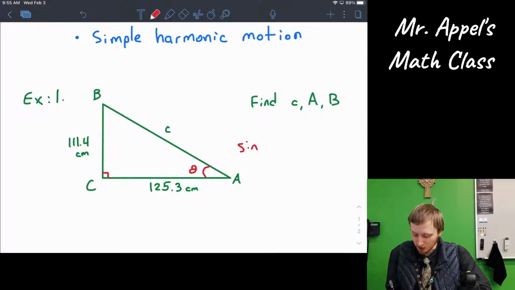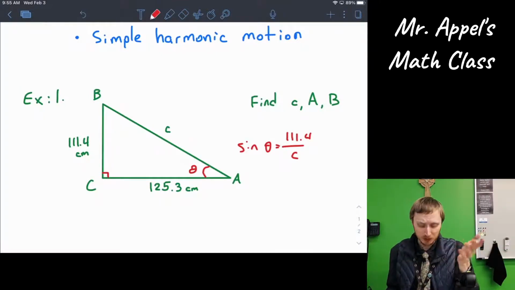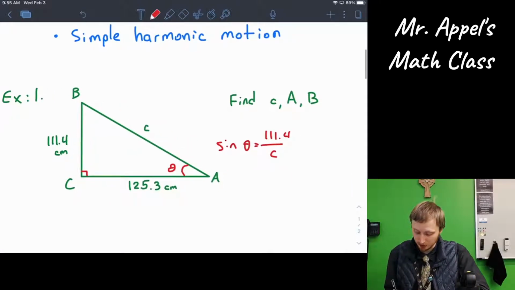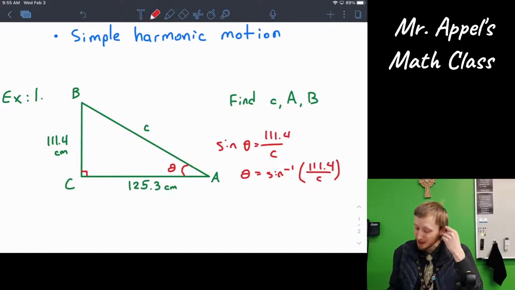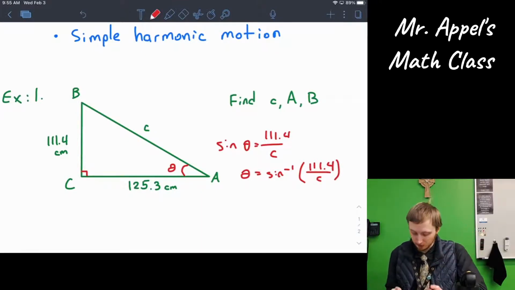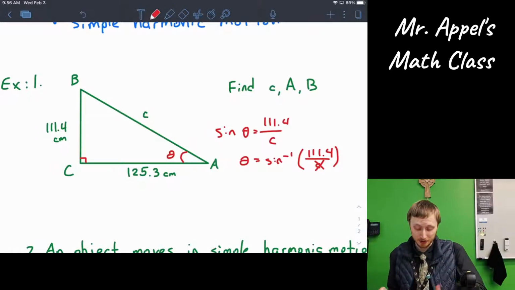Well, the sine of theta would be the opposite over the hypotenuse c, which I've already found with the Pythagorean Theorem. Do it that way. And then you actually need to solve for that, so theta would be inverse sine of 111.4 over c. Okay, that works. My recommendation here, and this will apply to all future triangles, is not to use this one if it relies on something you already had to calculate, right?